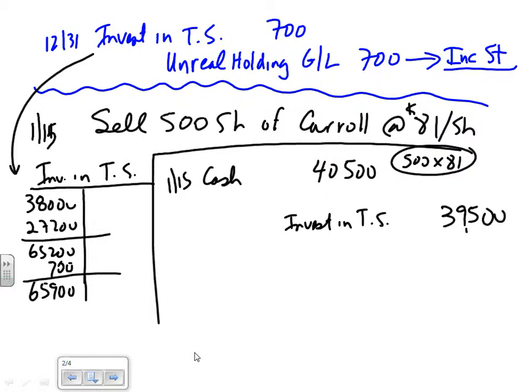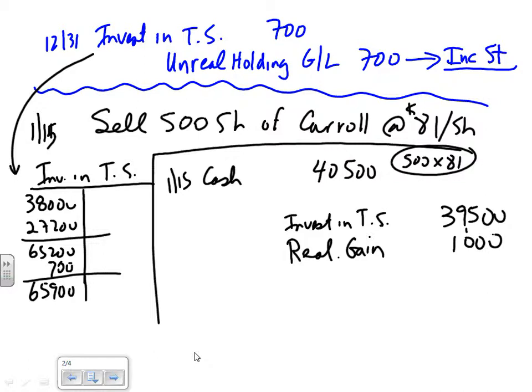We recognized a $1,500 unrealized holding gain, $800 unrealized holding loss, and so that previous unrealized holding gain is in the income statement already. So now we end up with a realized gain of $1,000. And that would be our journal entry there.